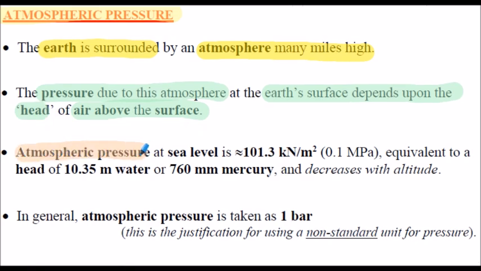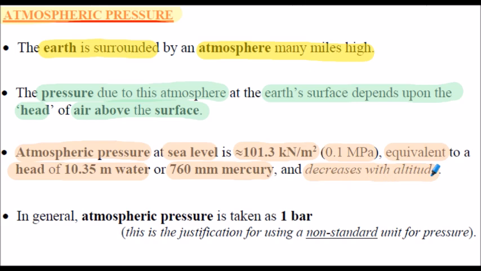Atmospheric pressure at sea level is approximately 101.3 kilonewtons per meter squared. That's approximately 0.1 megapascals. That's equivalent to a head of water of 10.35 meters, or a head of 760 millimeters of mercury. And the pressure decreases with altitude.